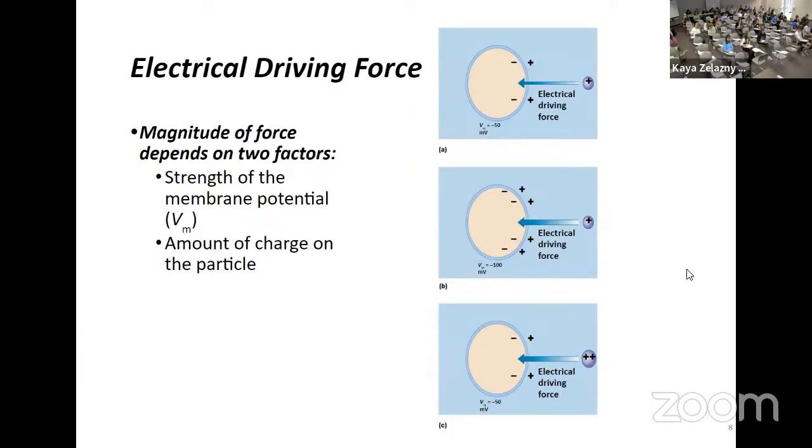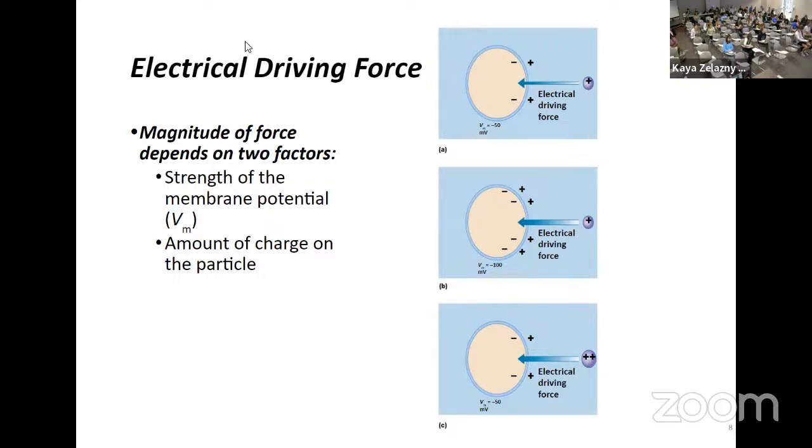So we also want to know that we can change the magnitude of this force, right? We said that we can have essentially a weaker force or a stronger force. It's not always just that the force is there or the force isn't there. This is going to be based on the strength of the membrane potential.